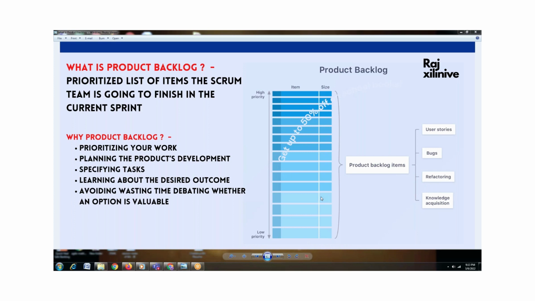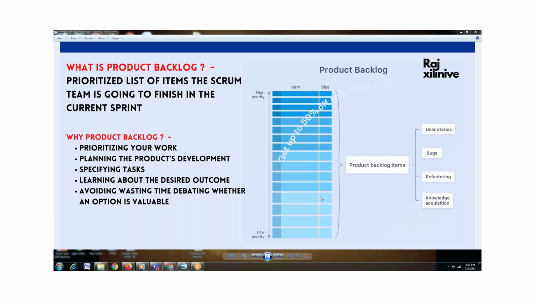Normally, this is decided by the team members. Whoever is working in the Scrum team decides what business value a particular user story has, followed by the complexity. These are the factors we take into account.